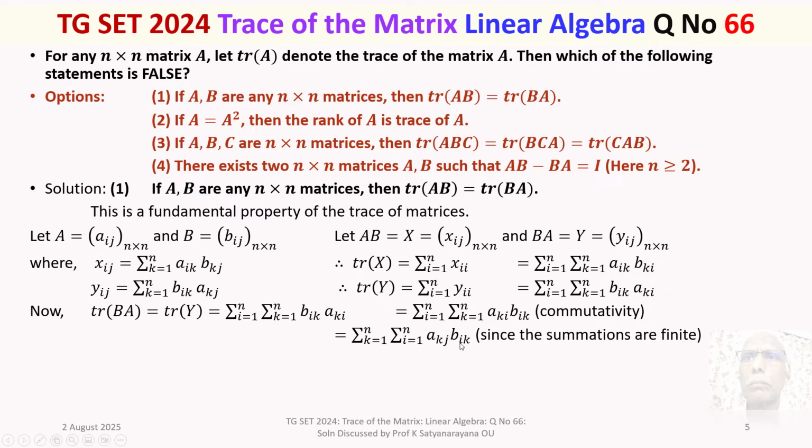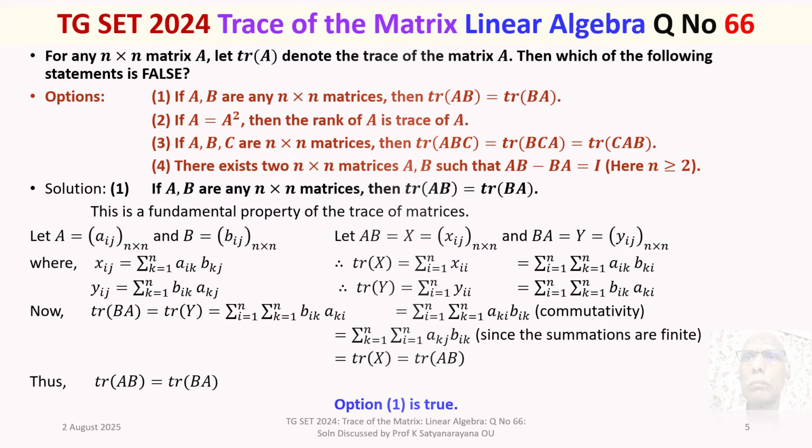Swap the indices. And this is precisely equal to trace of X, that is trace of AB. Thus, we have proved trace of AB is equal to trace of BA for all n by n matrices. Thus, option 1 is true.